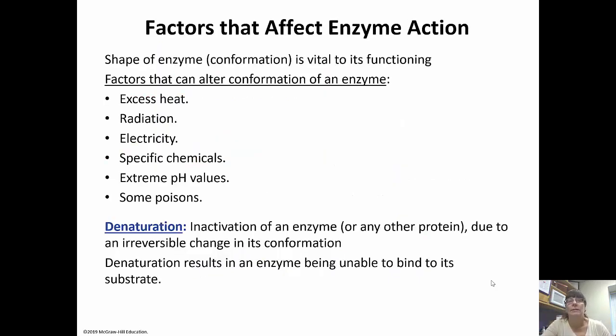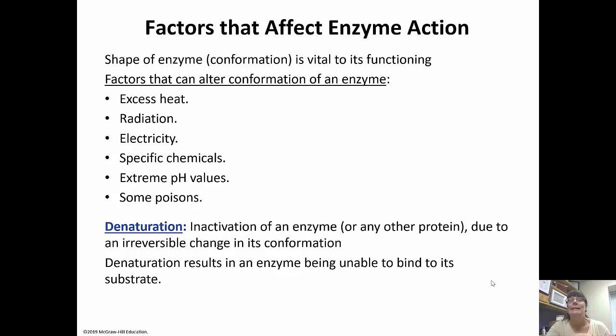So there are certain factors that affect enzyme action and can actually alter the conformation of an enzyme, and the shape of the enzyme is crucial to its functioning, because if it doesn't have the same shape, it's not going to match its substrate. And if it doesn't match its substrate, it can't break it down or catalyze the reaction.